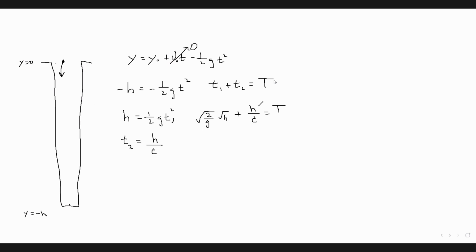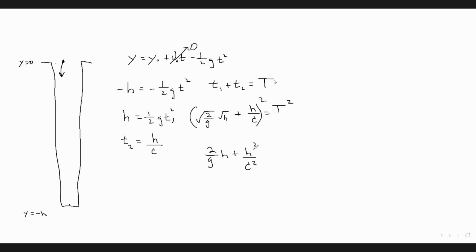Now, I could square both sides of this equation and end up with a quadratic equation for h. So let's do it. I'll get this whole term squared equals T squared. So what's this term squared? It's 2 over g times h plus h squared over c squared.